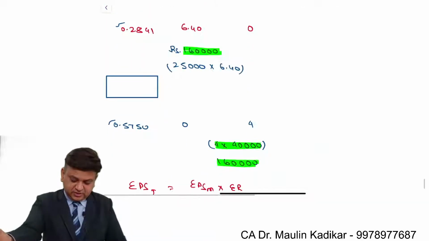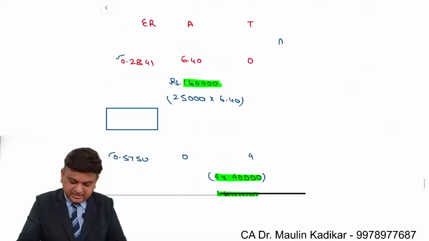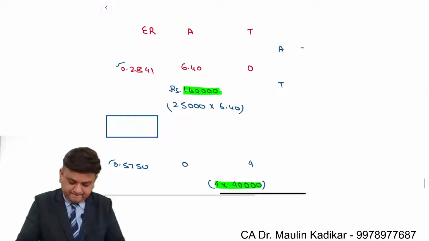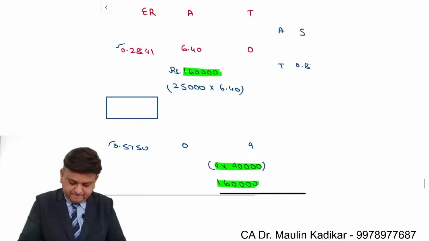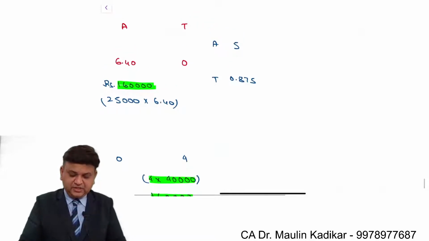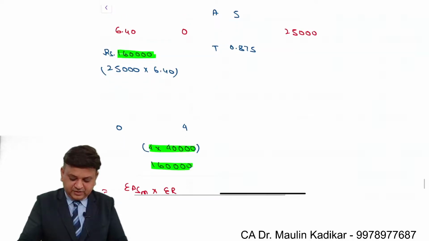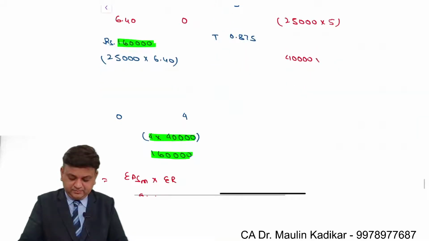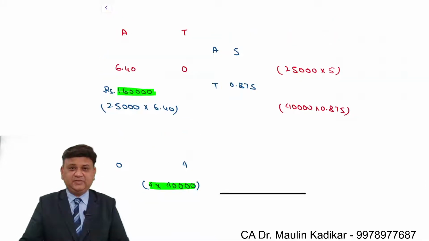So we understand that over here, the acquiring company and target company profit is 5 and 0.875. What is the number of shares? The number of shares of the acquiring company is 25,000 and for the target company it is 40,000. Multiply with the 5, multiply with 0.875. This is the way we can calculate.